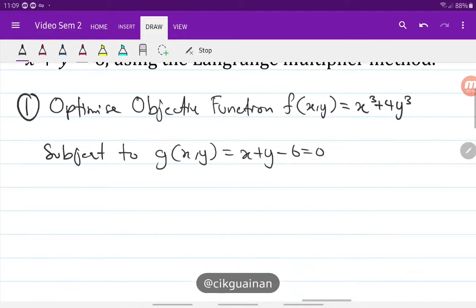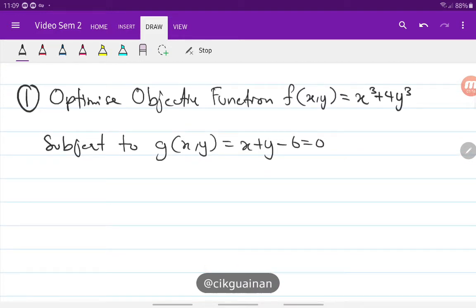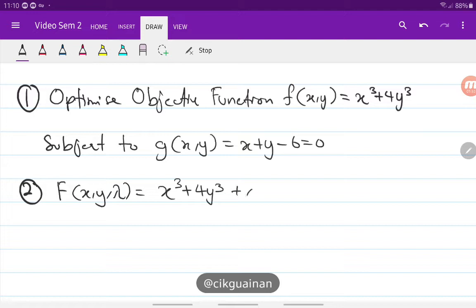Since we are using the Lagrange multiplier method, the second step is to come up with the big F of x, y, and lambda. It's given by x cubed plus 4y cubed plus lambda times (x plus y minus 6).